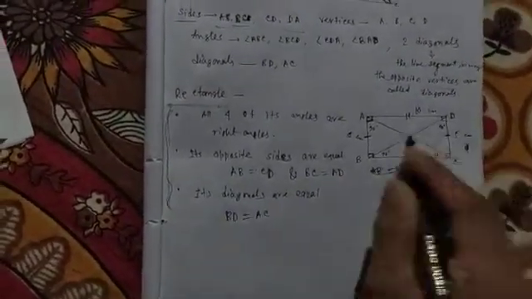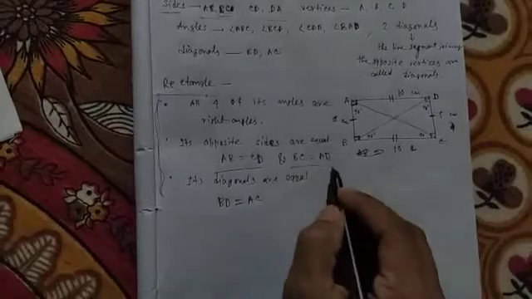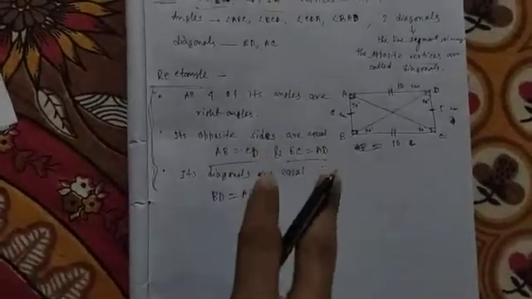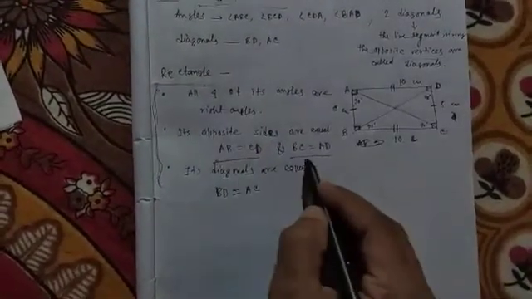Suppose this is 10 and this is also 10, but this is 5 and this is 4. Then this is not a rectangle. Opposite sides must be equal. That means AB is equals to CD, BC is equals to AD. These two points should be followed.